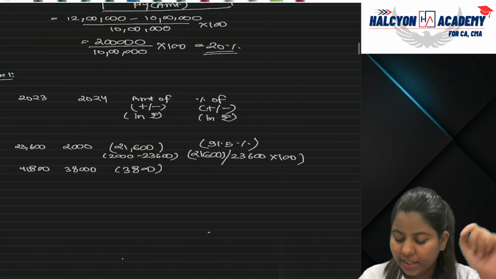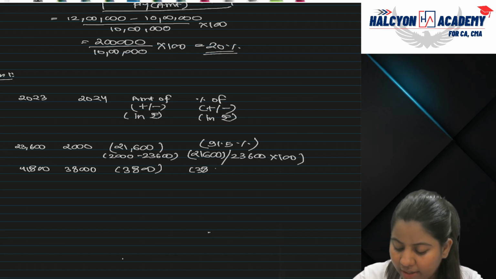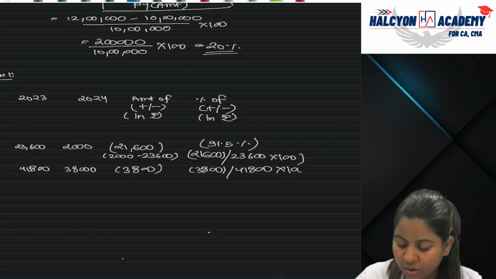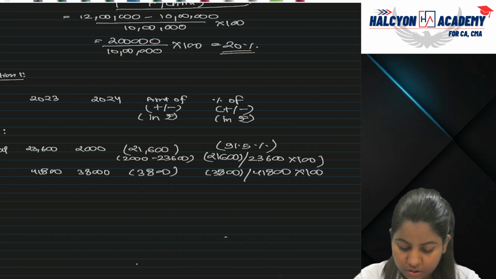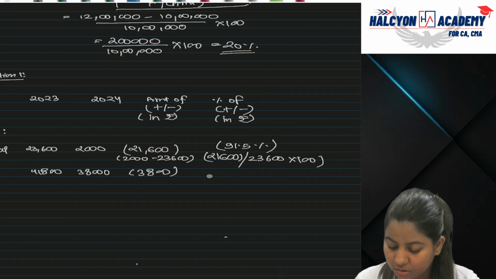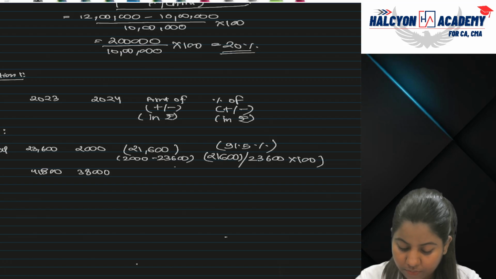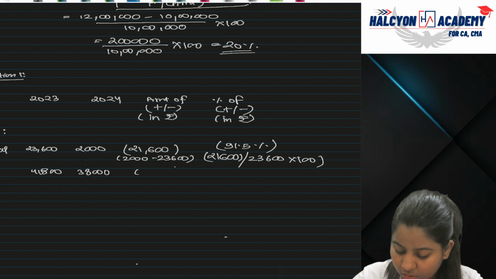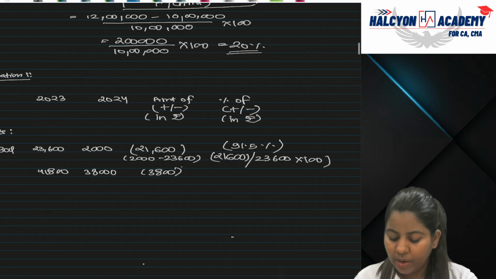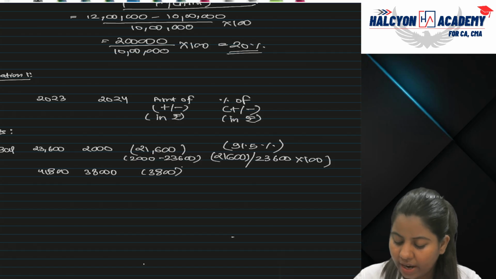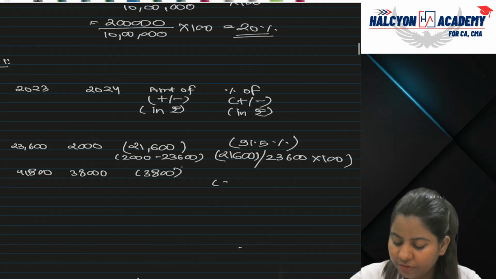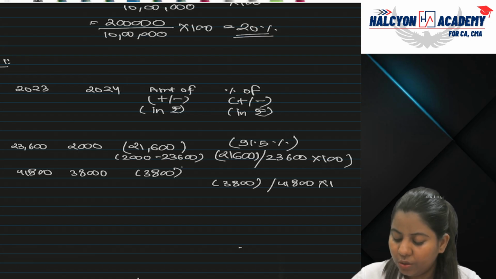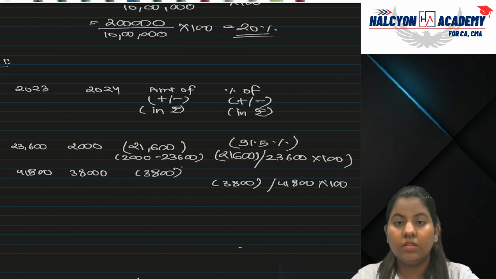And what will be the percentage change? It will be minus 3,800 divided by 41,800 into 100. What will be the answer?